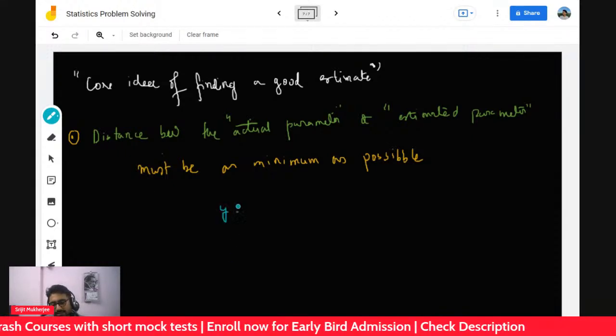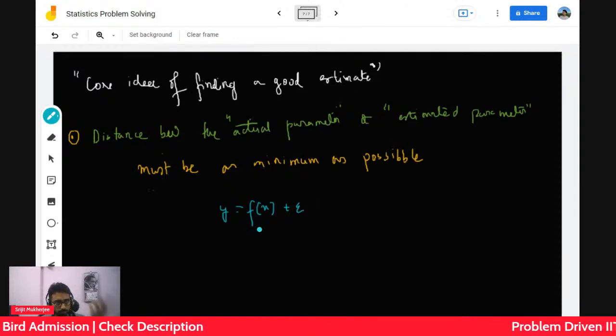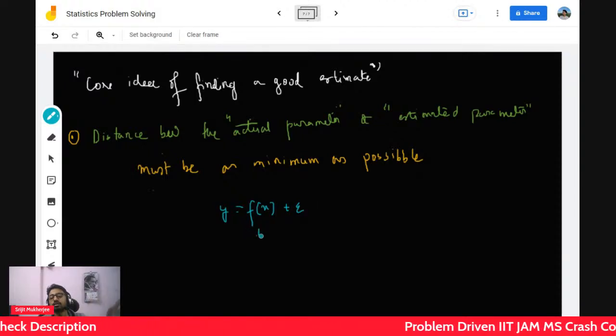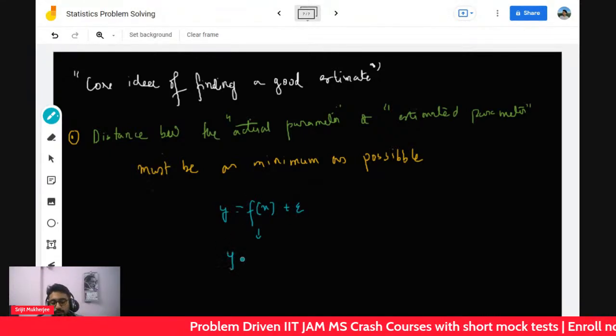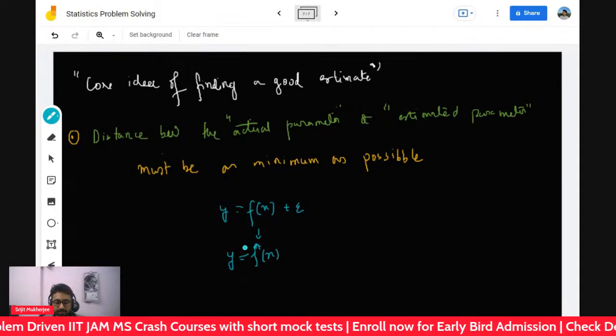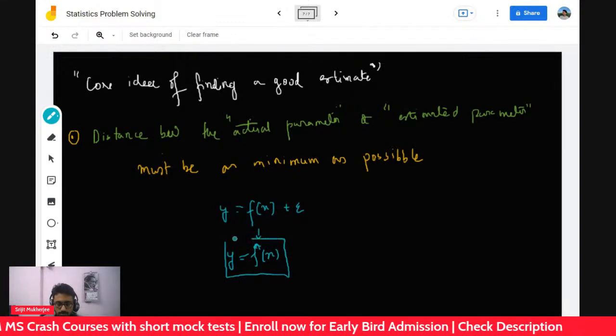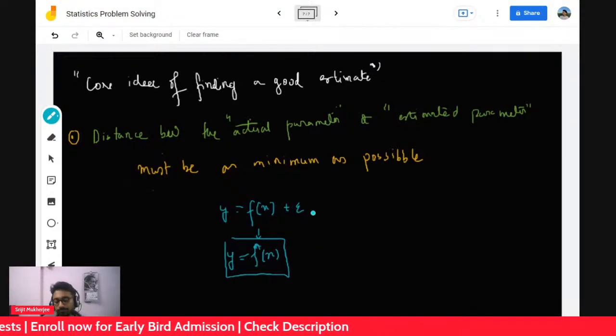So the idea is that y is equal to f(x) plus epsilon is the model, and we are trying to estimate y is equal to f hat of x. This is the core idea. What is that f hat?